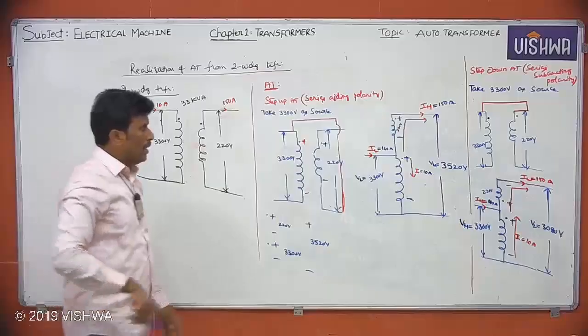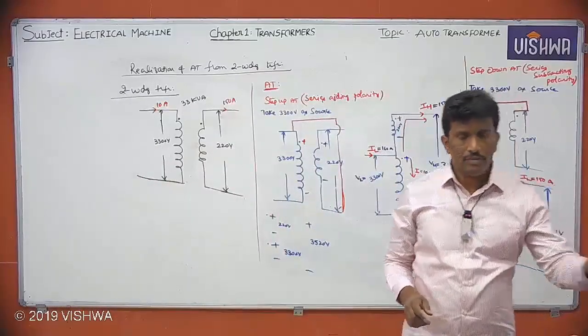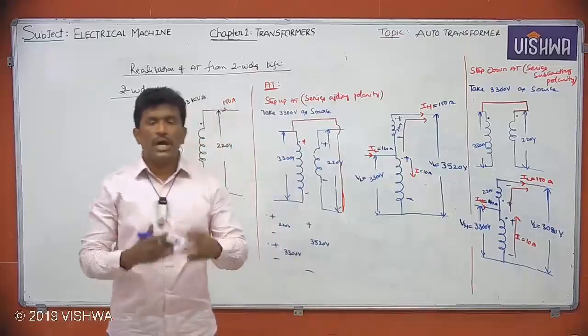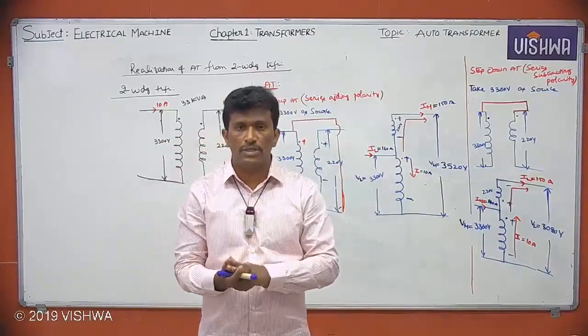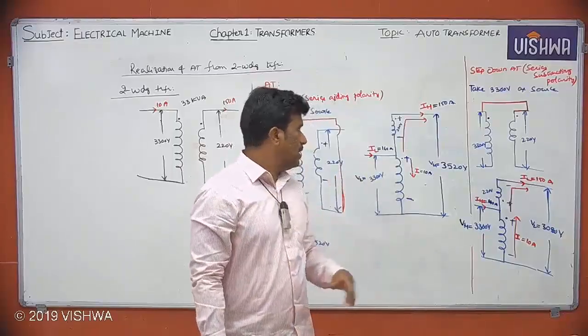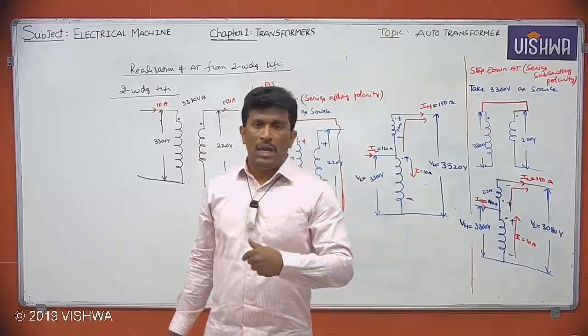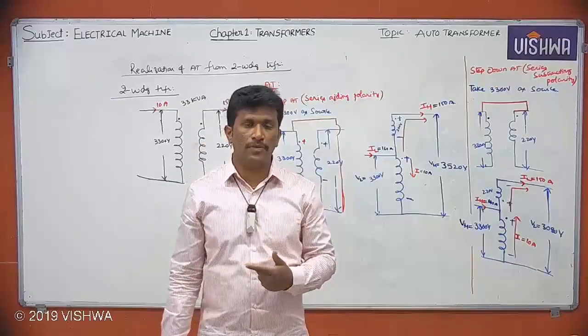Here you need to understand one important thing. If you want to solve some previous GATE questions, 2-mark questions, this information is necessary. At the same time, in addition to this, I need to give some notes.